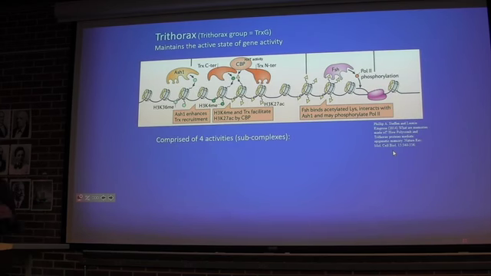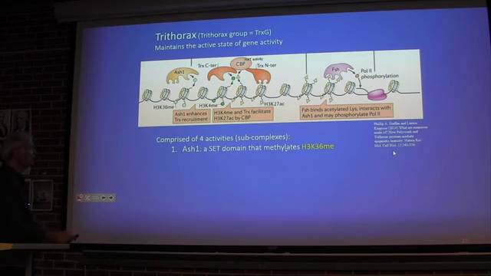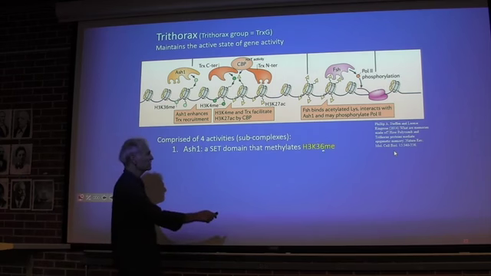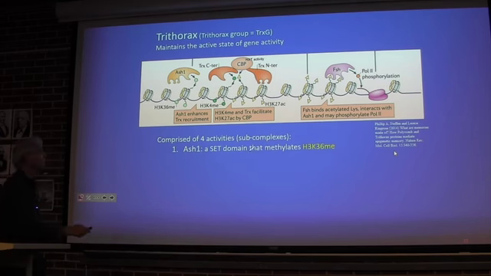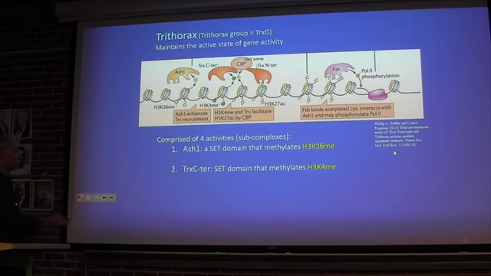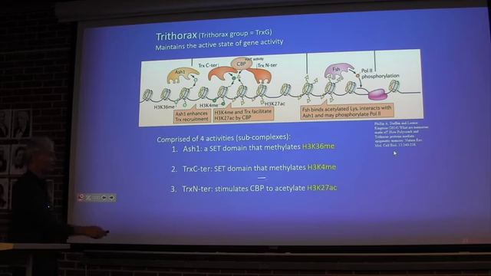And in the other corner of the ring, trithorax. It has a similar kind of activity. It has subcomplexes. The first is called ASH1, contains a methylase domain, a SET domain is methylase, but it is now methylating lysine 36. It has something called trithorax C terminus, and it has an N terminus, and they do different things.